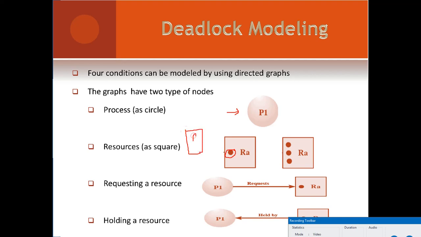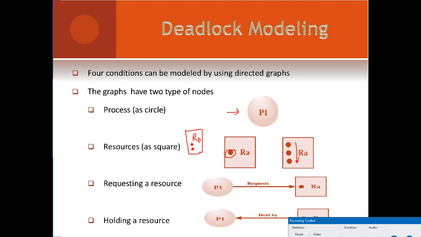So let me name it as resource printer. And when I say there are 2 instances of the resource printer, I will just draw 2 dots. So these 2 dots mean that there are 2 printers available with the system. 3 dots here means that there are 3 instances of a particular resource available with the system. So number of dots indicates number of instances of a resource.